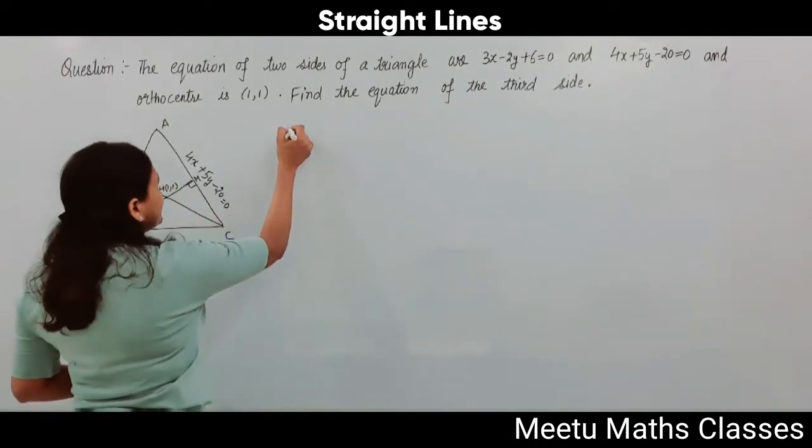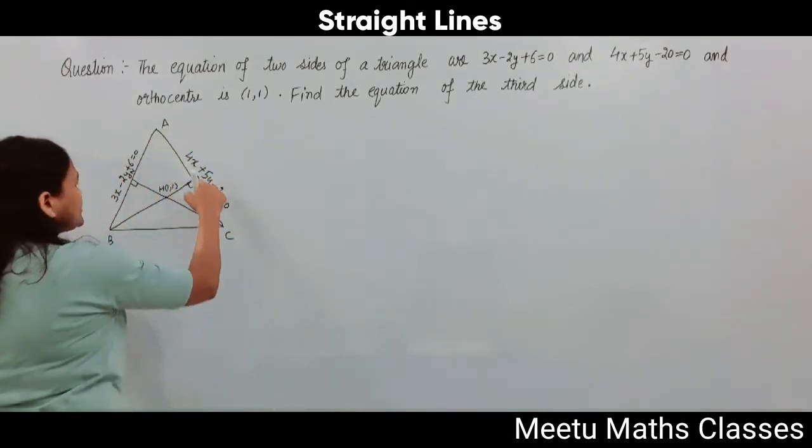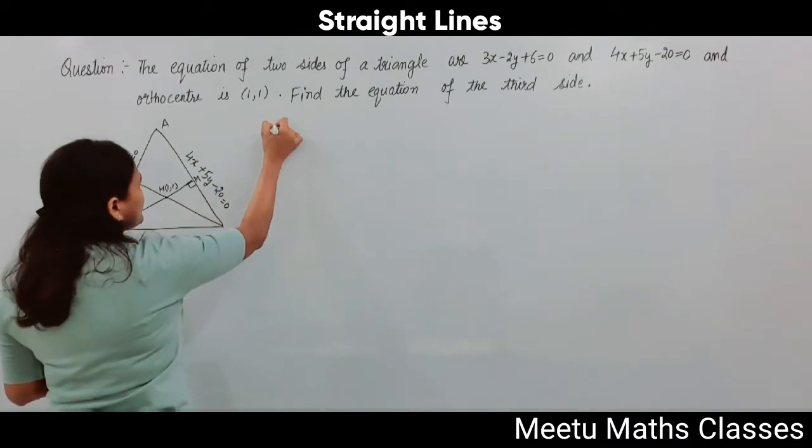How will you find the equation of BM? BM is a line which is perpendicular to AC.